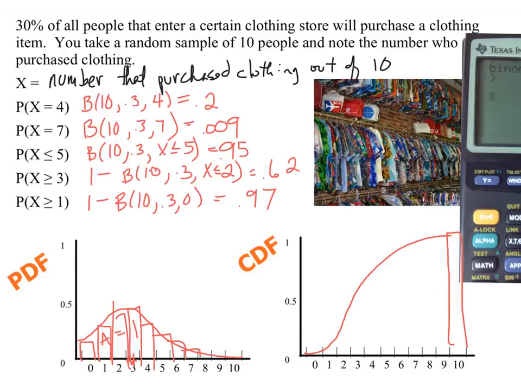Okay, this is similar to the normal curve, where we have to show some work here, even though we're doing a lot of things on our calculator, to show we do know the setting and the distribution that we're in. Make sure you know how to find the PDF and CDF. PDF, remember, is just what's the probability of this one specific thing, like what's the probability x is 4 or 7. We use the CDF to add a bunch of probabilities together.